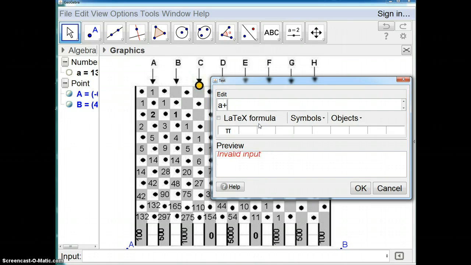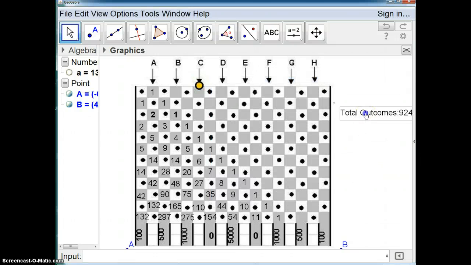So we're going to add up all these numbers: 132 plus 297 plus 275 plus 154 plus 54 plus 11 plus 1. So there are 924 possible outcomes from dropping the coin into slot A.